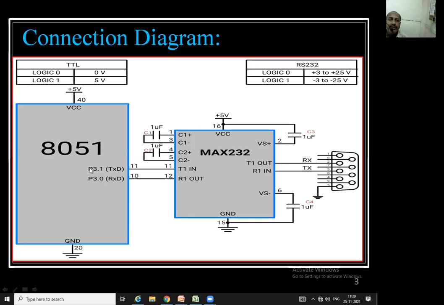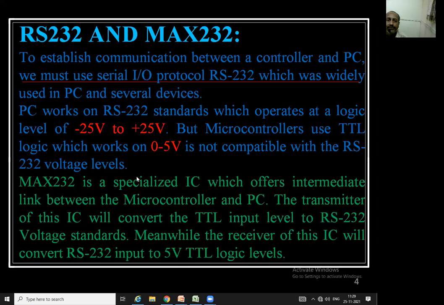For that we cannot directly connect the 8051. Which pins have to be connected? TXD and RXD, pin number 10 and pin number 11. They cannot be connected directly. Why? The reason is here.